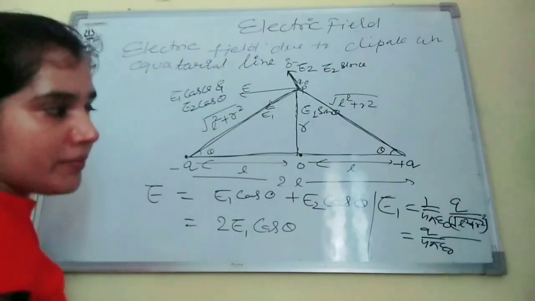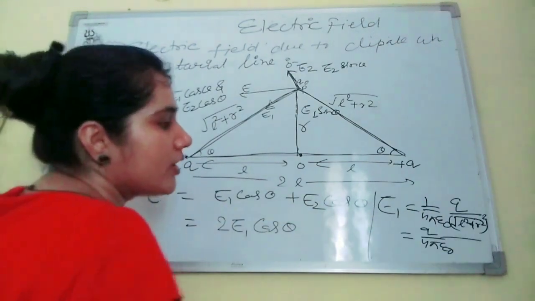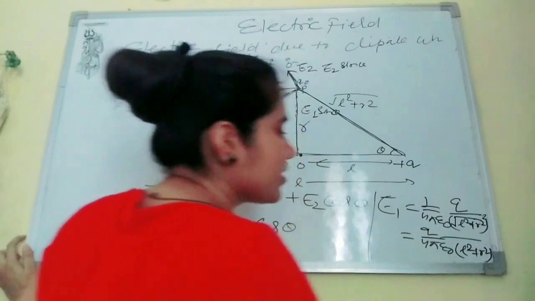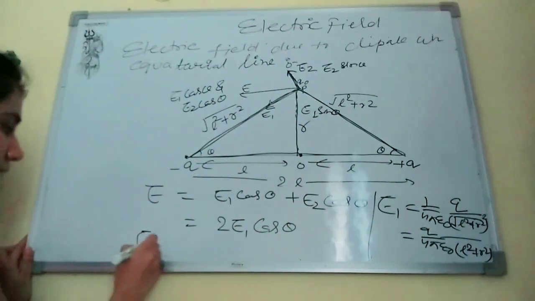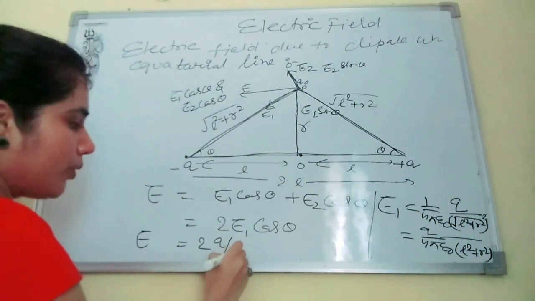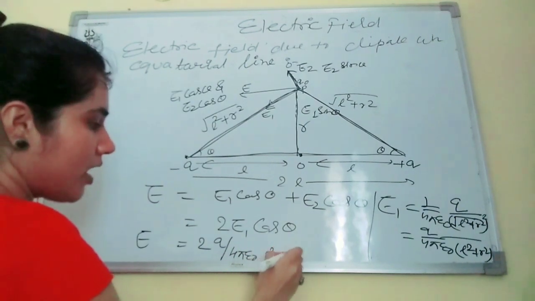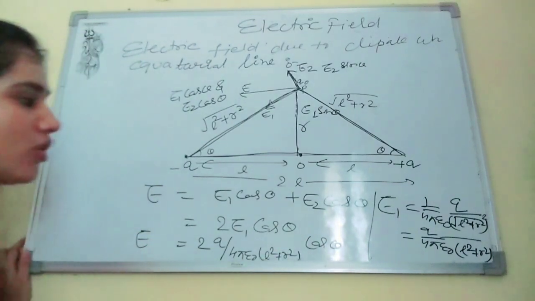The root will be removed because of this square, so we will get L square plus R square. Simply this is the value of E1. Now we will put it here. That will be E equal to 2Q upon 4 pi epsilon naught, L square plus R square in the bracket, and cos theta. Now we will find the value of cos theta.